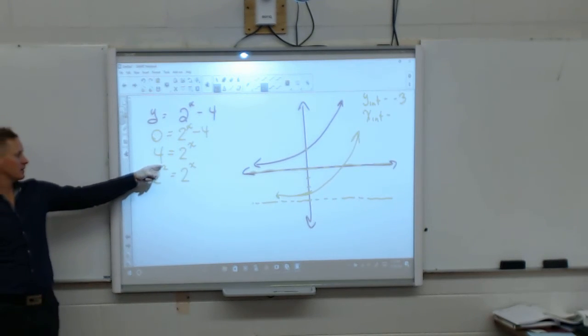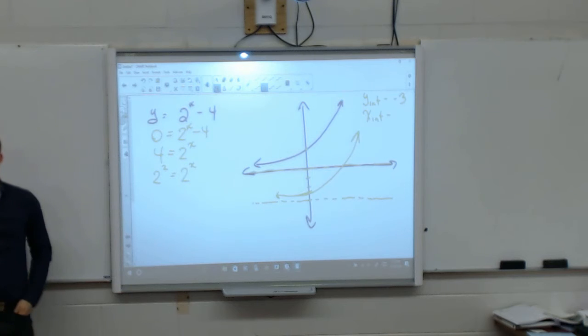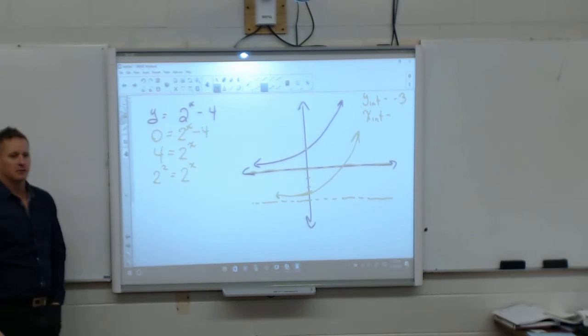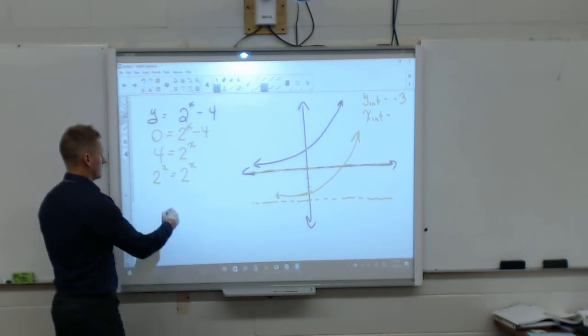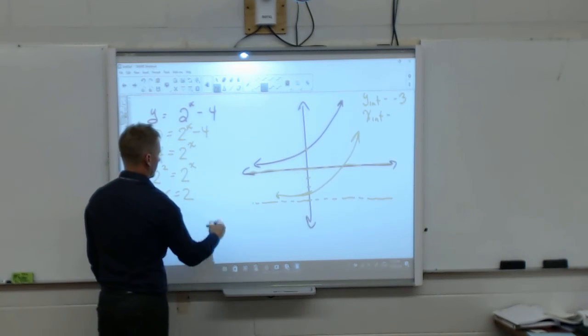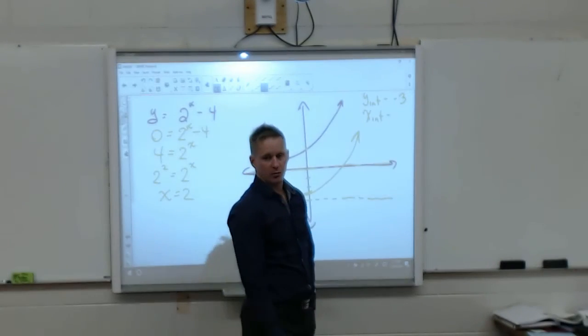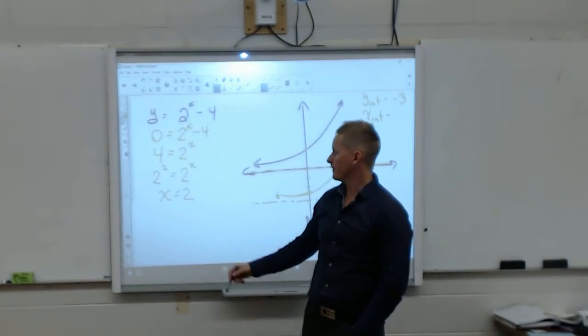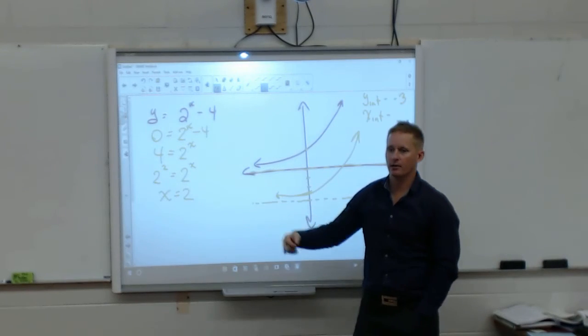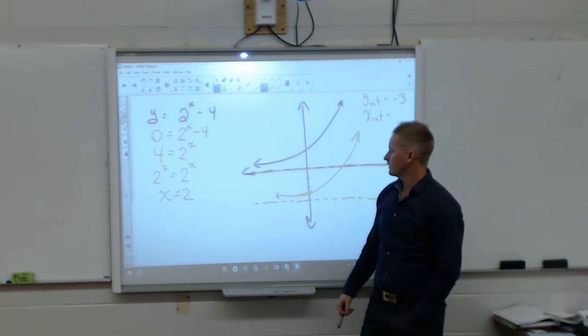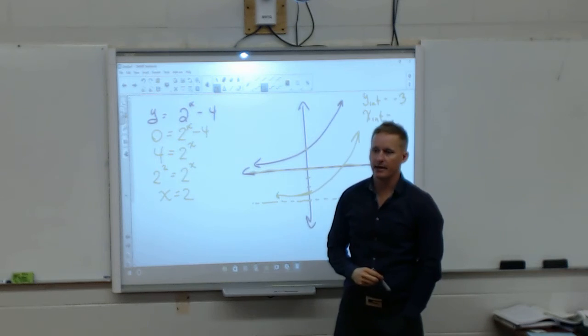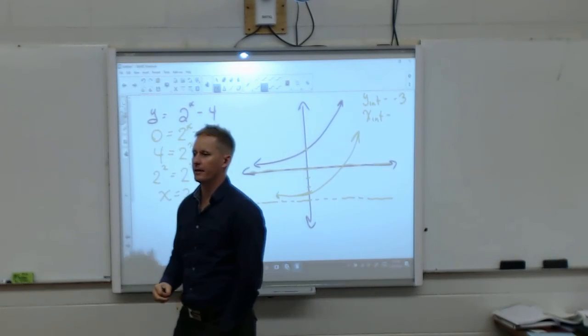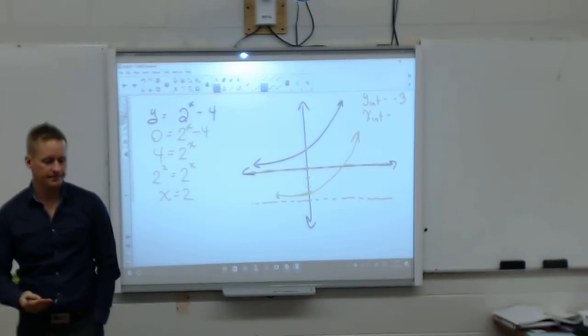So therefore, x would have to equal 2 if they're equal on both sides. Right? So guess and check would work for you. But there is a mathematical way of solving for that. So there's where I would have an x-intercept, and I'd want to put that in. Okay?